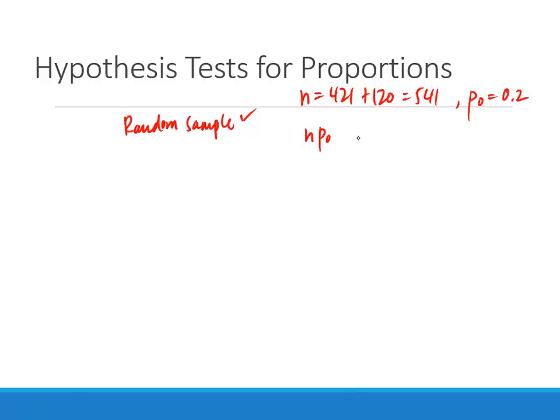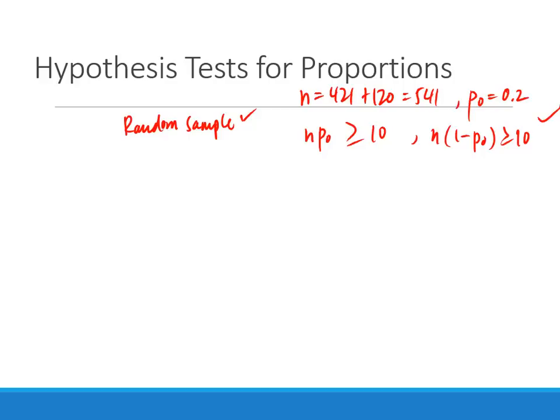So n times p0, make sure that's bigger than 10. And n times 1 minus p0. And I'll let you double check that's fine here. We're in good shape. Okay, so because we have a random sample, because our sample is large enough, we're able to proceed here.